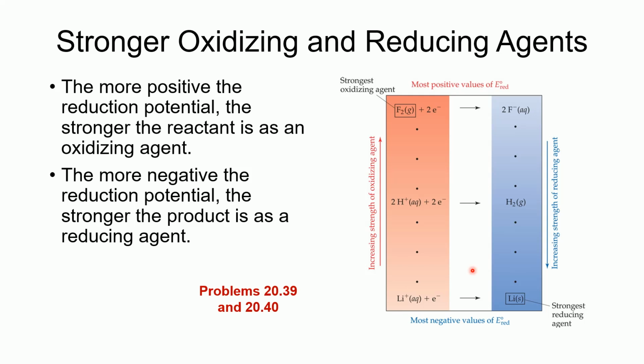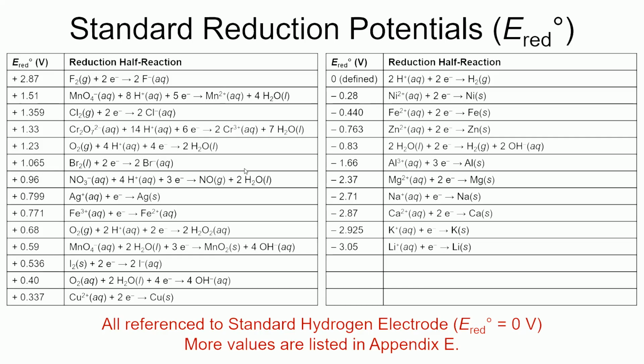Now, I'm going to go back to that chart so you guys can see, just to illustrate this point. This is that chart, which shows the reduction potential. And so again, the more positive the reduction potential, the stronger this thing is as an oxidizing agent.